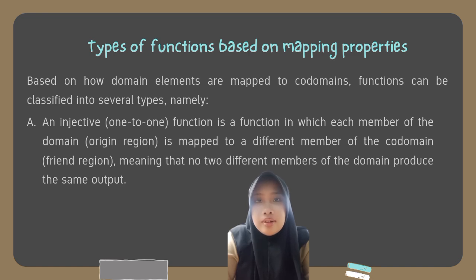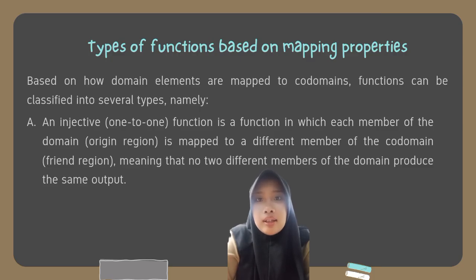Type of function based on mapping properties. Based on how domain elements are mapped to codomain, functions can be classified into several types, namely: 1.